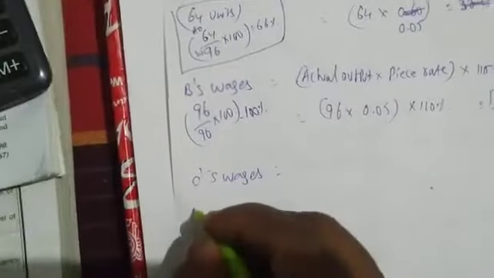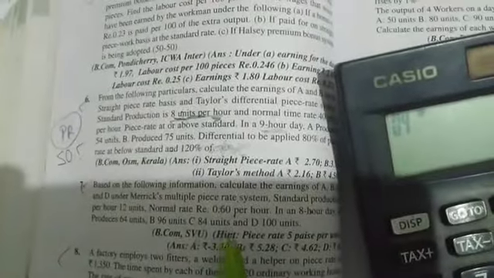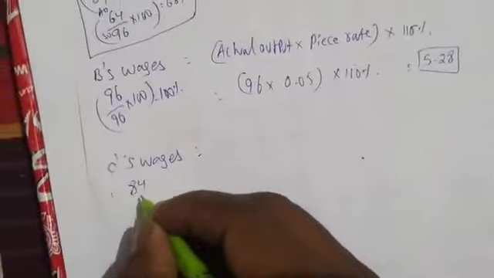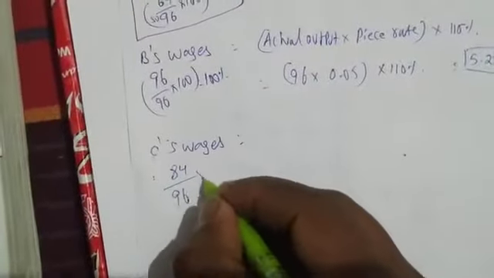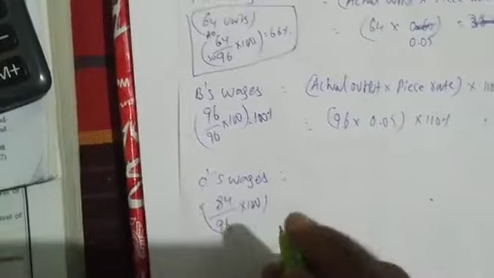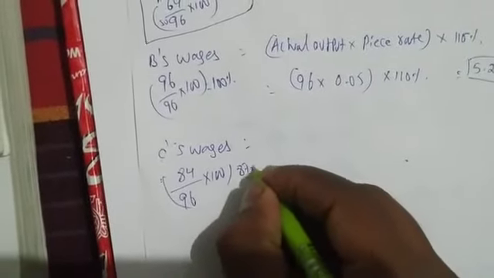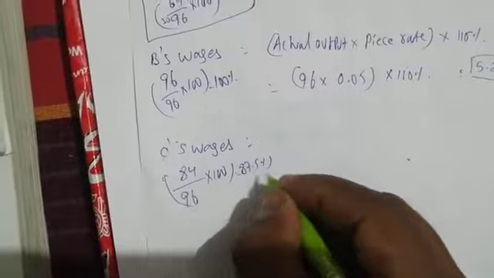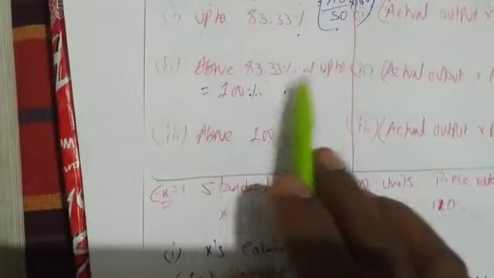Let us see his efficiency level. How many units did he produce? C produced 84 units. Let us check his efficiency: 84 divided by 96 into 100. We are getting 87.5%. 87.5 is above 83.33 and up to 100%.